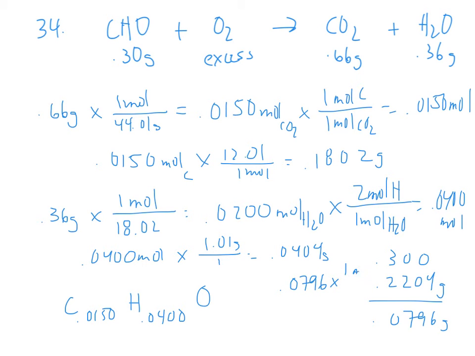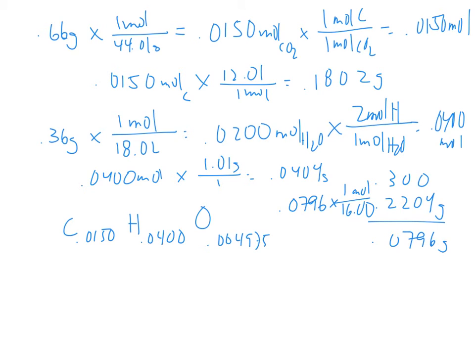I know that 1 mole of oxygen is 16 grams. So if I go ahead and divide that by the 16 grams, I come up with 0.004975 moles of oxygen. So now if I go ahead and divide by my smallest molar amount, 0.005, basically, I'm going to end up with C3H8O as my empirical formula.